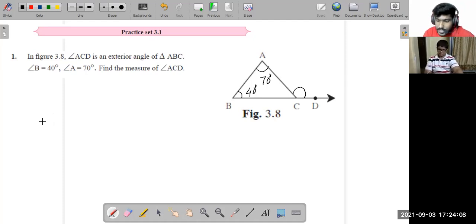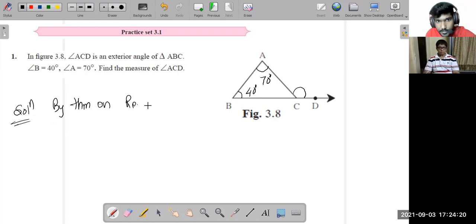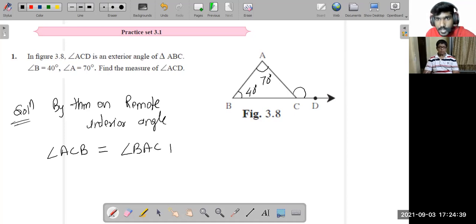Theorem of remote interior angles. Yes. So when you're writing, we'll write here, by theorem on remote interior angle, angle ACB will be equal to angle BAC plus angle ABC.